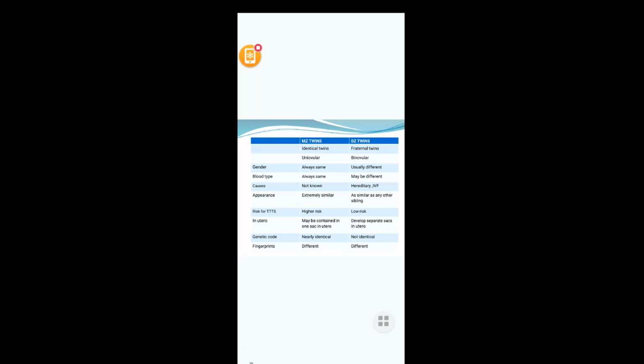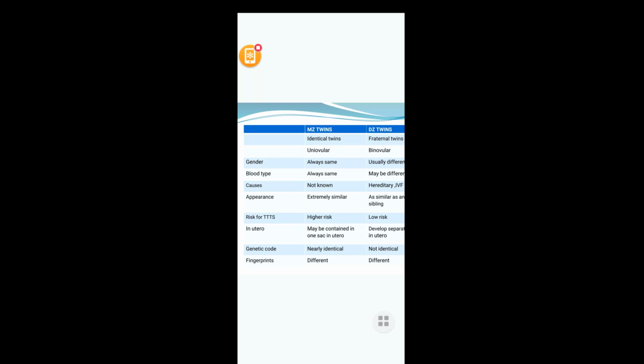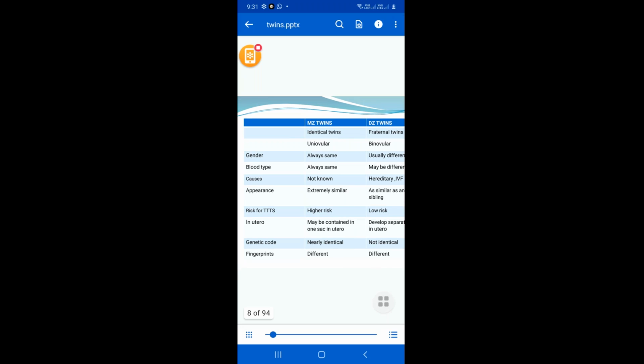Then monozygotic twins is making half of a fertilized ovum. So when there is a division of a single fertilized ovum, do you think one part will be female and the other part will be male? No. When there is a division, there will be a division of all the chromosomes also.